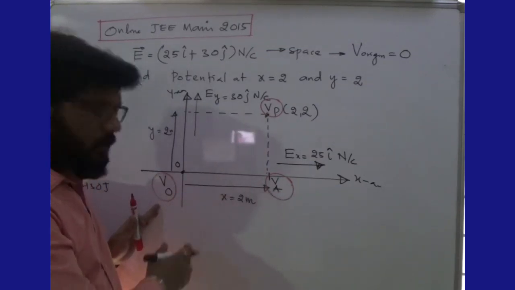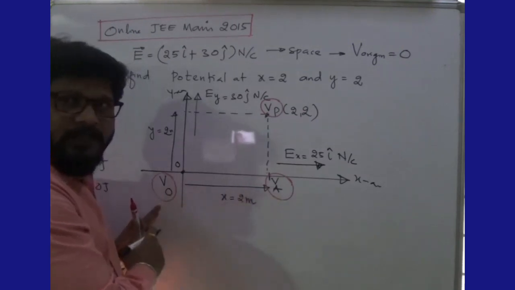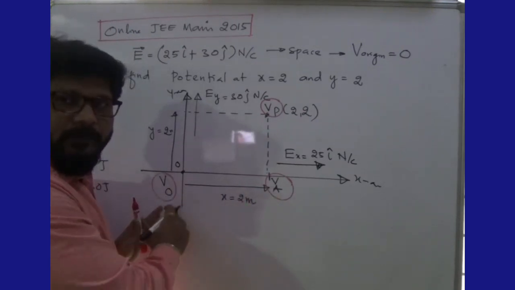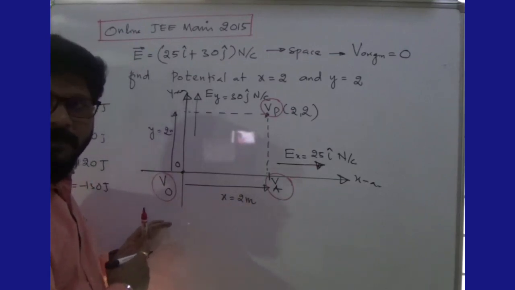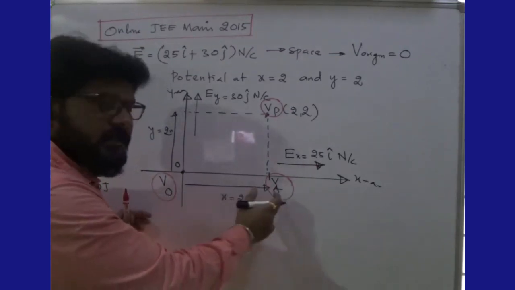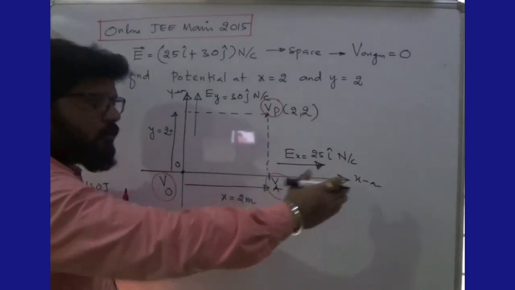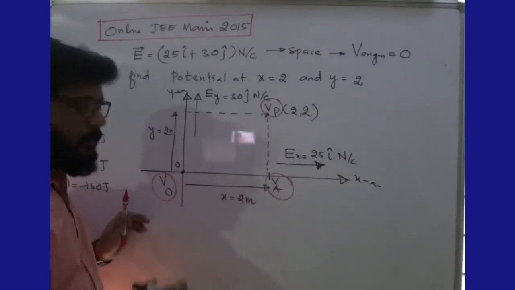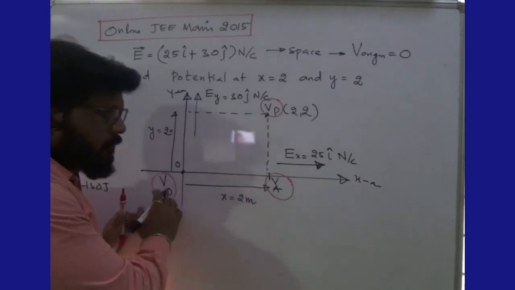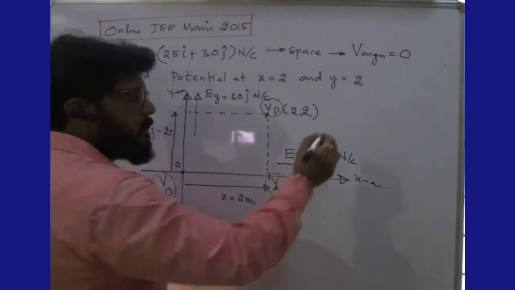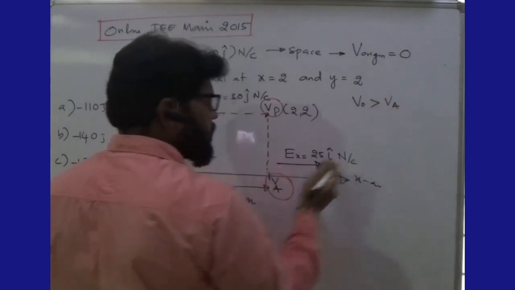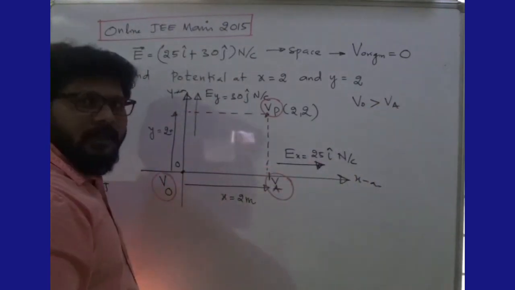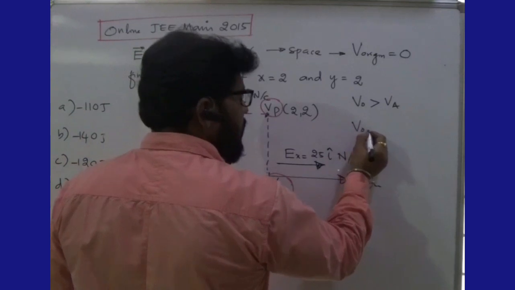It is positive, because V naught is greater than VA. As we move in the direction of the electric field, the potential decreases. Here V naught is greater than VA as we move in the direction of the x-axis.